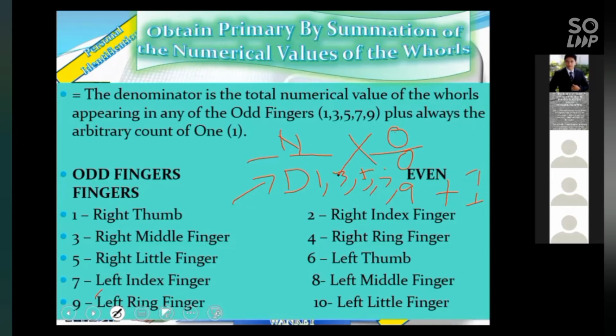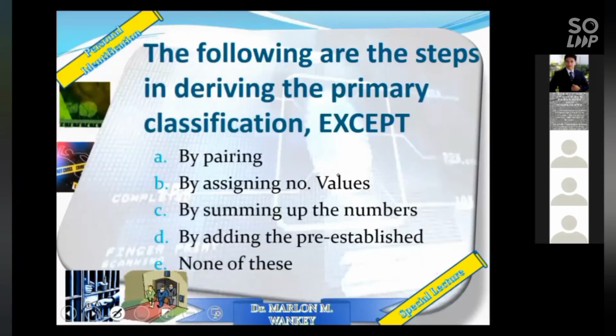Kaya meron siyang arbitrary of 1. In cases na walang whorls, at least meron pa ring numerical na number na lalagay doon, which is 1 over 1.